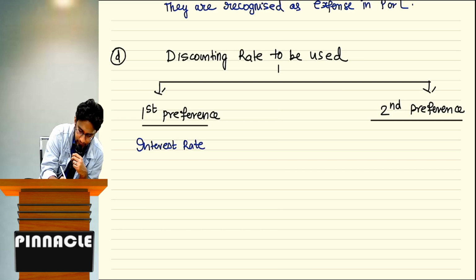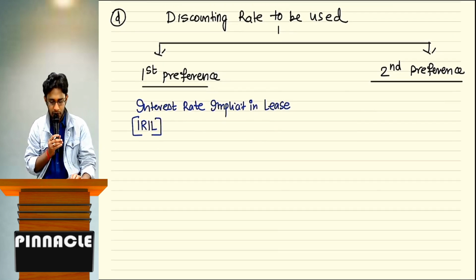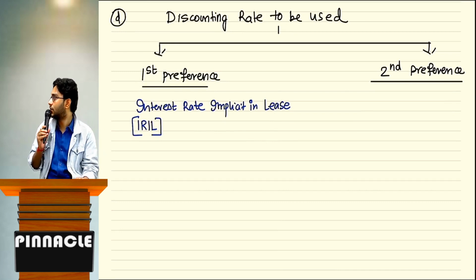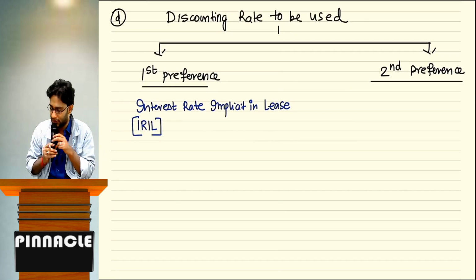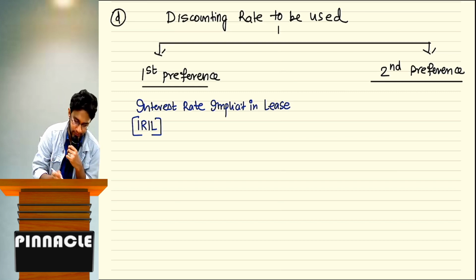Interest rate implicit in lease, shortly called as IRIL. Interest rate implicit in this lease transaction, with that you should be discounting the cash flows, lease payments.